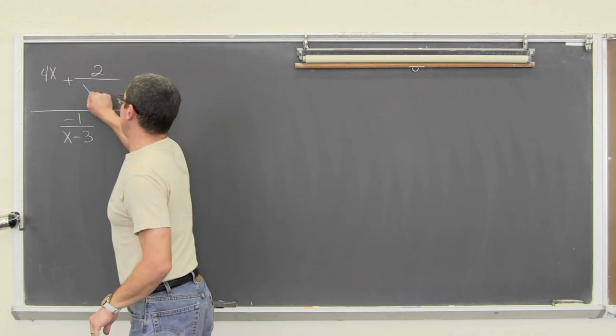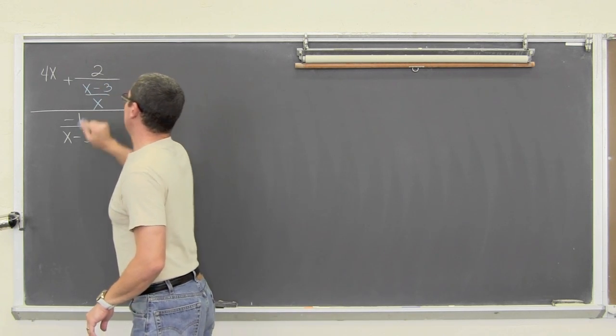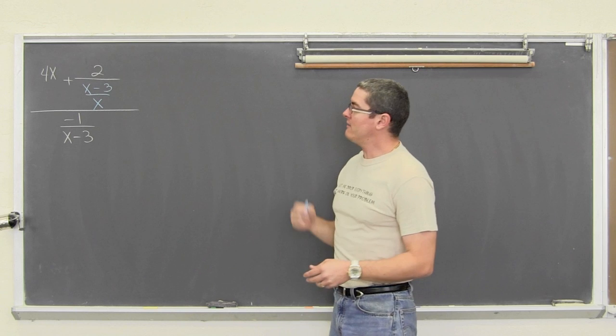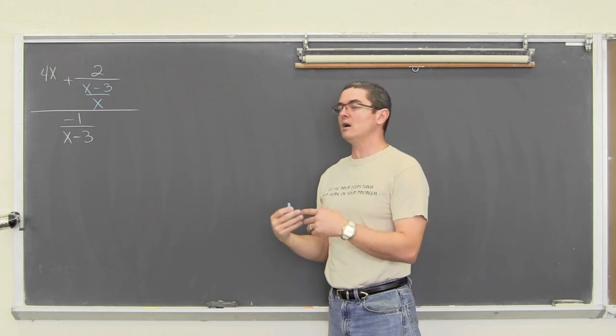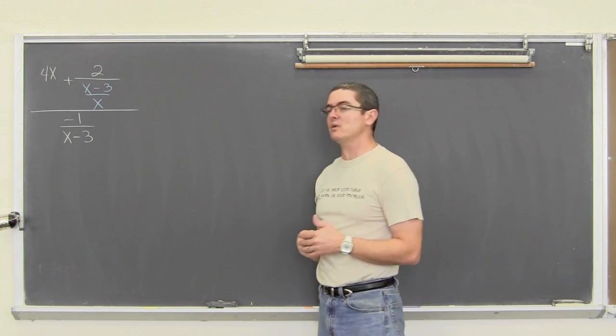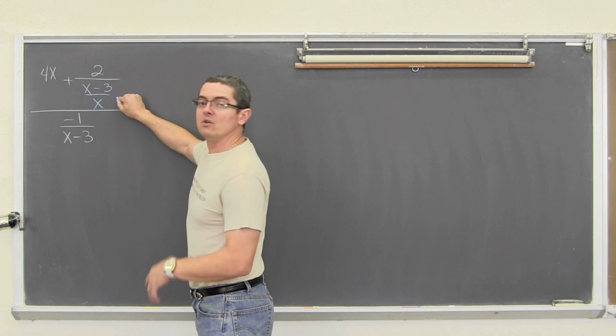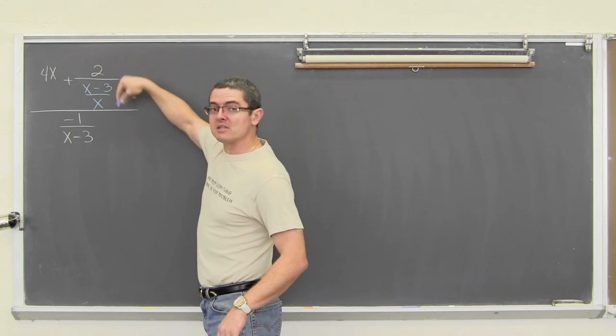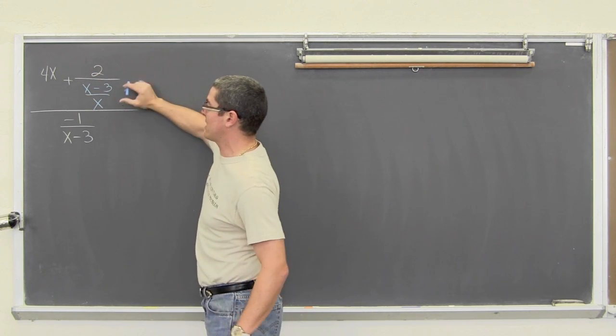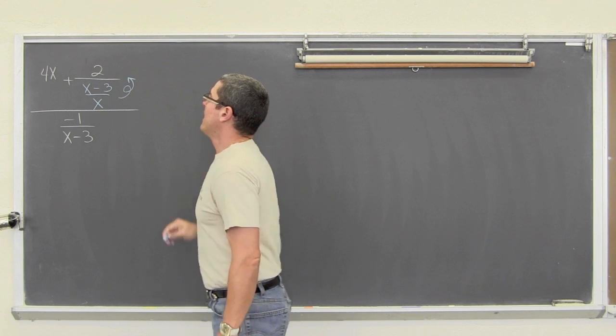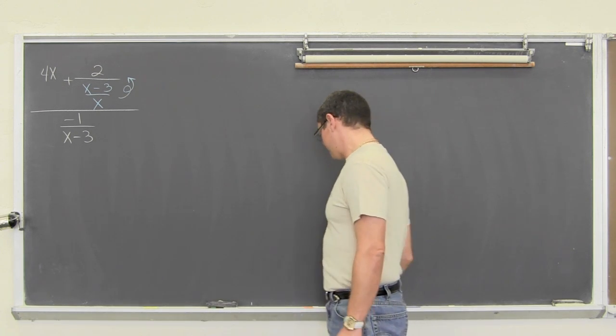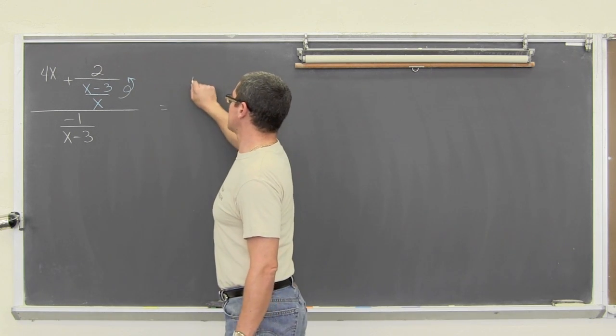So we have, again, x minus 3 over x. Now that we have 2 over x minus 3 over x, we have basically a complex fraction inside of another complex fraction. So we're going to take this denominator and multiply by its reciprocal. That's going to give us 4x.